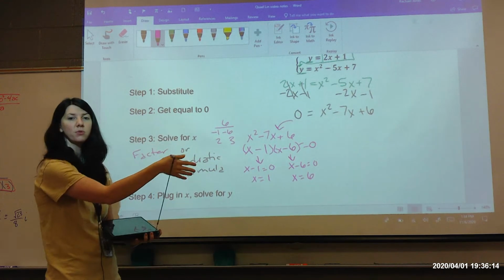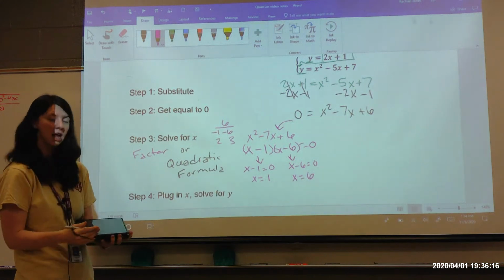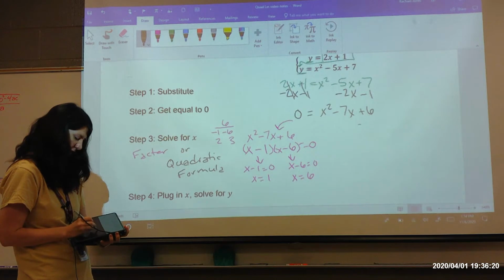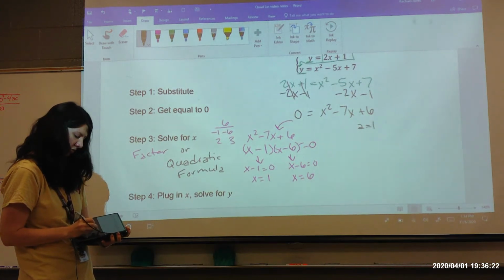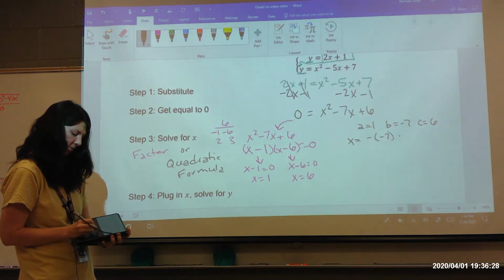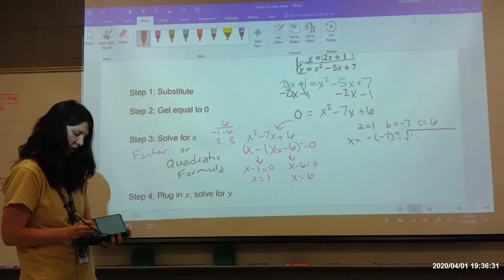Now I'm going to step through the quadratic formula. We should get the same answers here. If I find a, b, and c: a equals 1, b equals negative 7, c equals 6. x equals negative b plus or minus the square root of b squared minus 4ac, all divided by 2a.